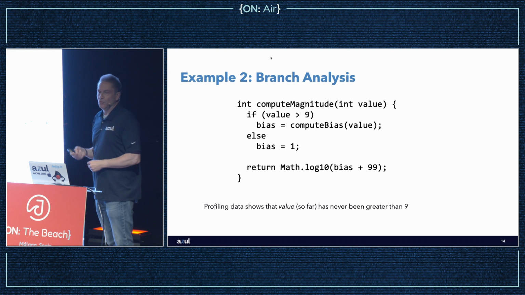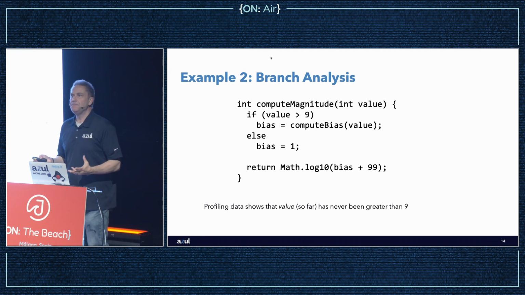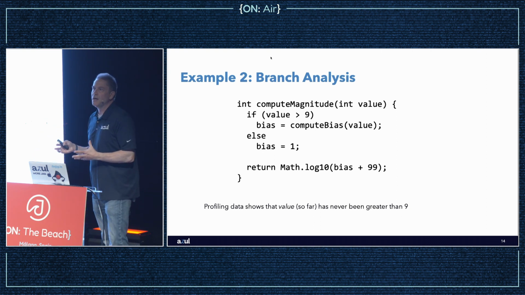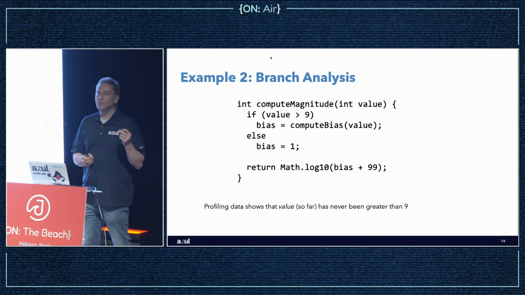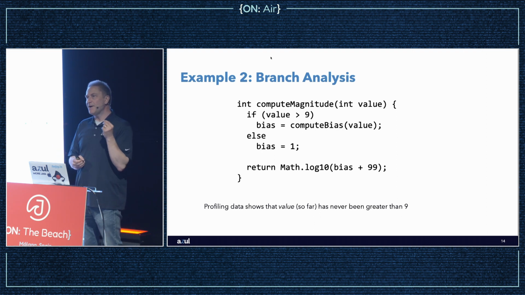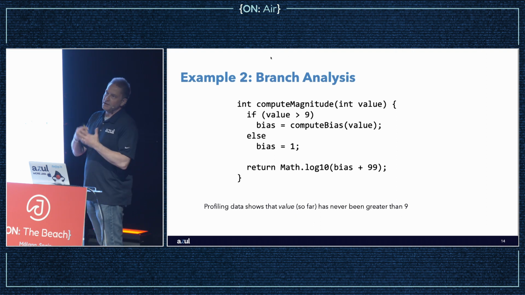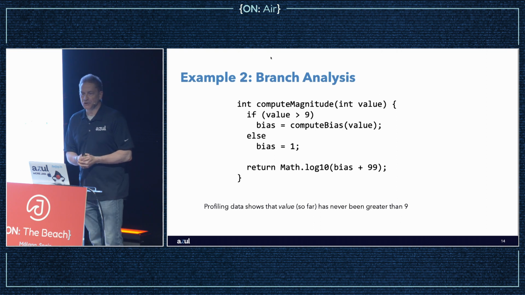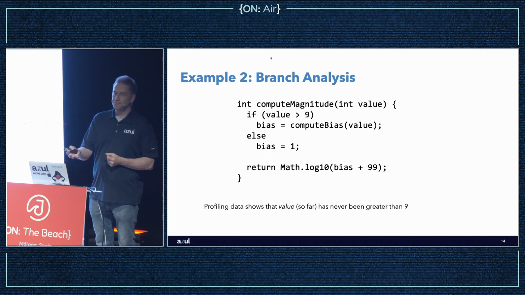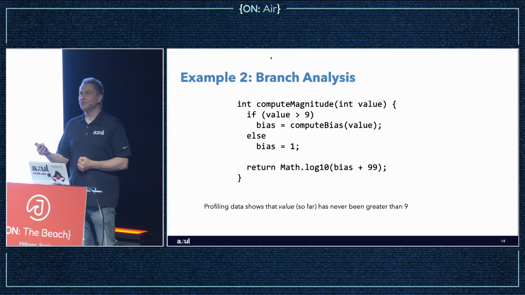Let me give you another example. This is what's called branch analysis. A slightly more complicated method, and a slightly contrived example, but very good to demonstrate exactly how powerful this idea of speculative optimizations is. The method is computeMagnitude, it takes a value which is an integer, and then we're doing a test on that value.